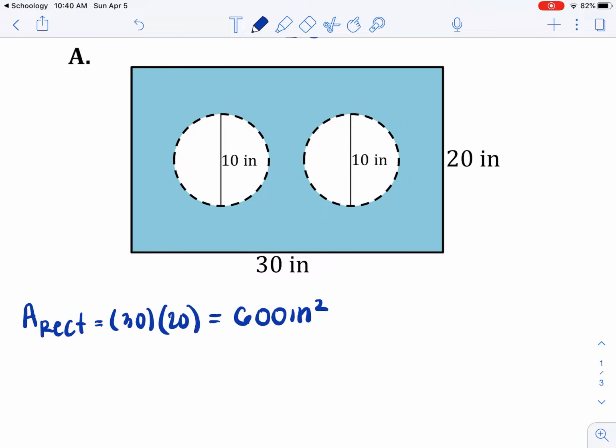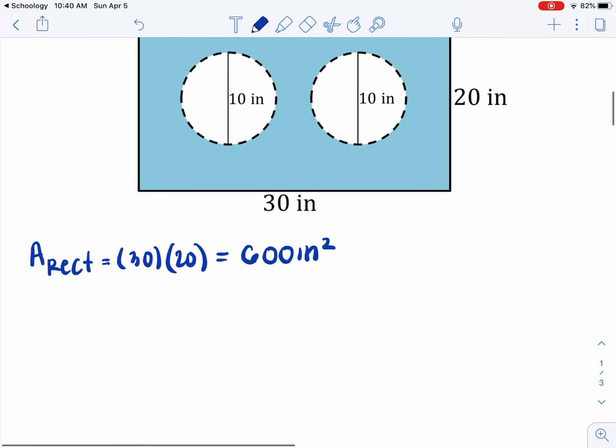So one thing that I can tell you about my final answer right now, it's less than 600, right? All right, so now I'm going to find the area of one of the circles. So area of one of the circles, which is area is equal to pi r squared. So I'll put the pi there. And then I need the radius squared. So if you look at this circle, did I give you the radius?